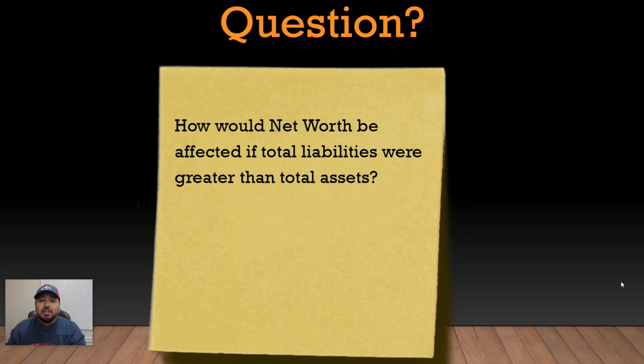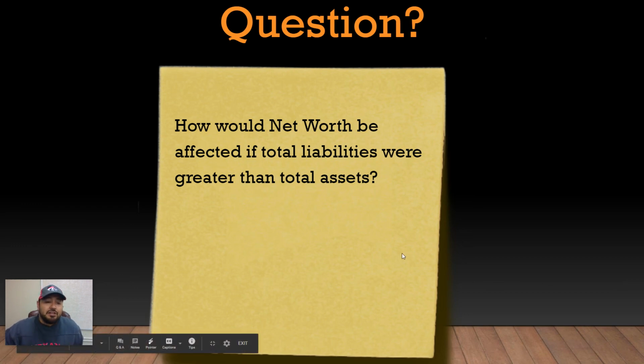Because even if you were to take all your assets and pay your liabilities with them, you would still owe money. So you would still be in the negative. Okay, I hope this helps. I hope that was very clear.